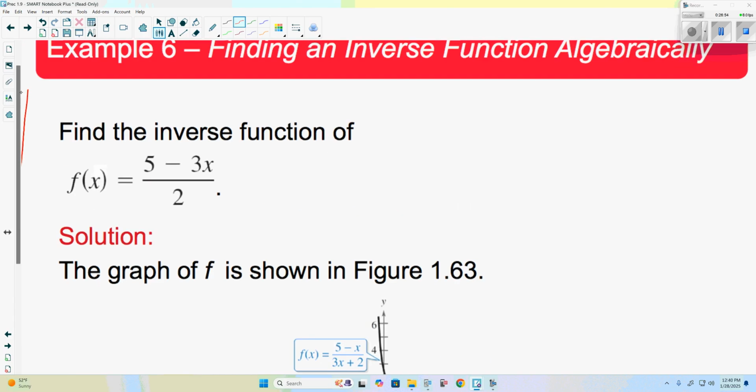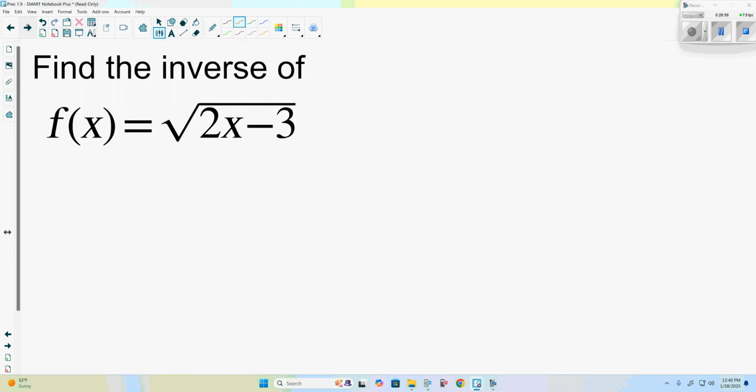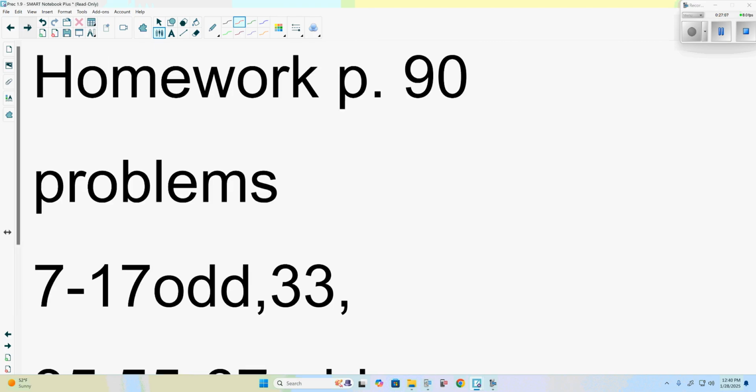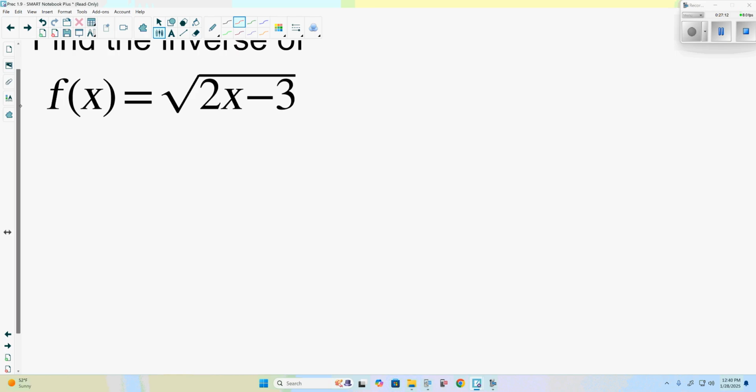Okay, those are two different graphs. And we'll talk about that in a little bit, but we don't have a line, and it does work. Questions on this so far? We'll look at another one.